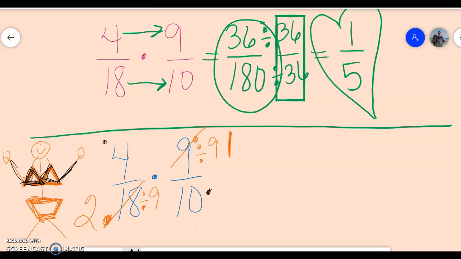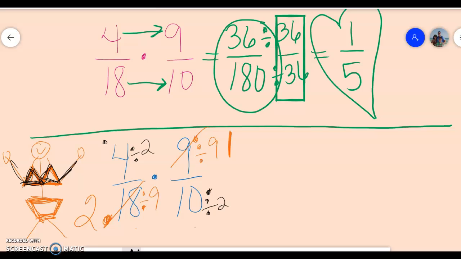Mrs. Daniel, how did you know that? Guys, we have to know that all of our even numbers, 4 and 10 are even numbers, are divisible by 2. That's your job as the student to know that even numbers are divisible by 2. So I'm going to divide this one by 2, and I'm really going to hope that it's the greatest common factor, okay?